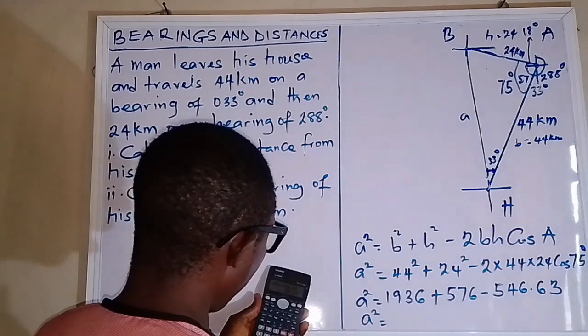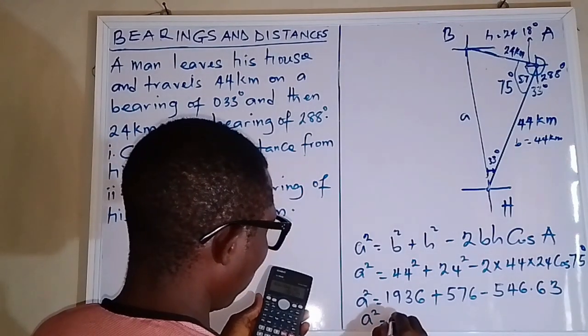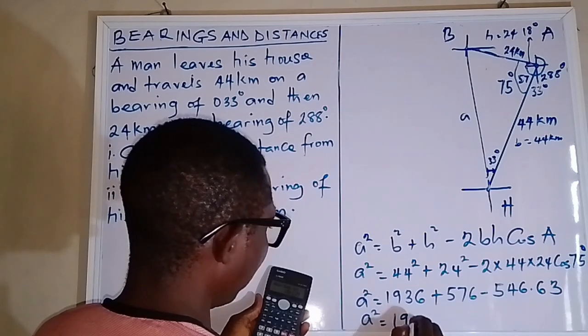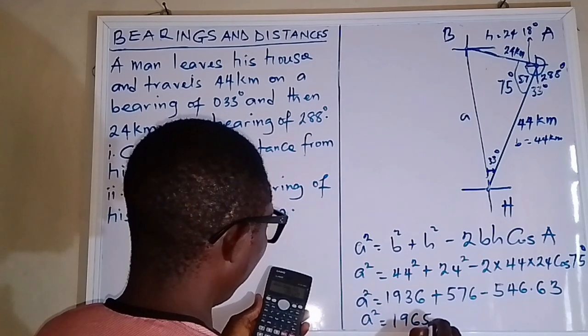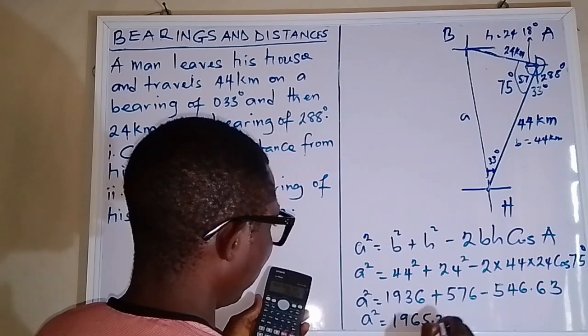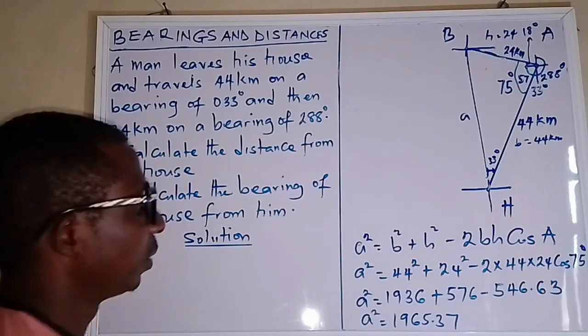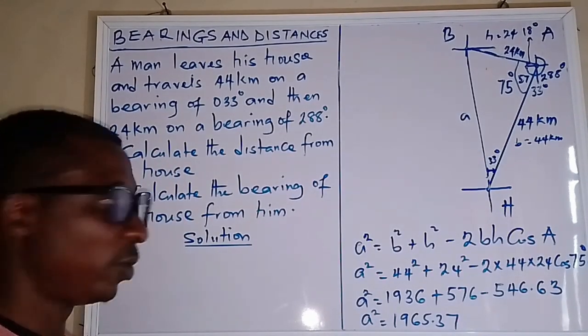So we have 1965.37. Okay, so here you can take square root of both sides.